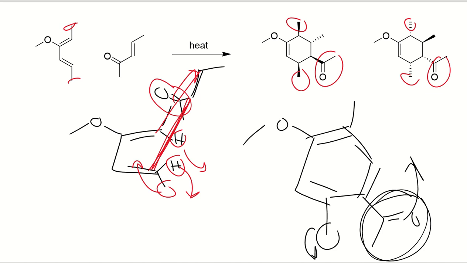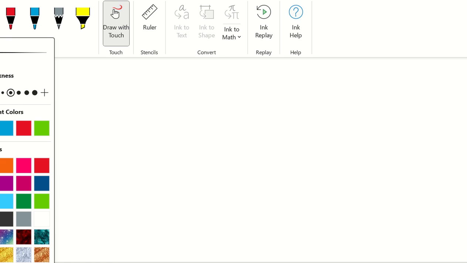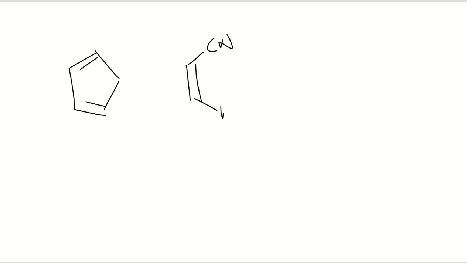And let's look at a few examples. So if I were to have something like this, and I were to add this dienophile, what would my product be?